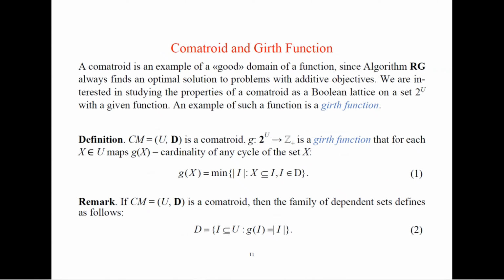If we have a comatroid, then the girth function is defined as a function that maps each subset of U to the cardinality of the largest independent subset of X. Here you can see how it is defined, and if our heredity system is a comatroid, then the family of independent sets is defined as follows.